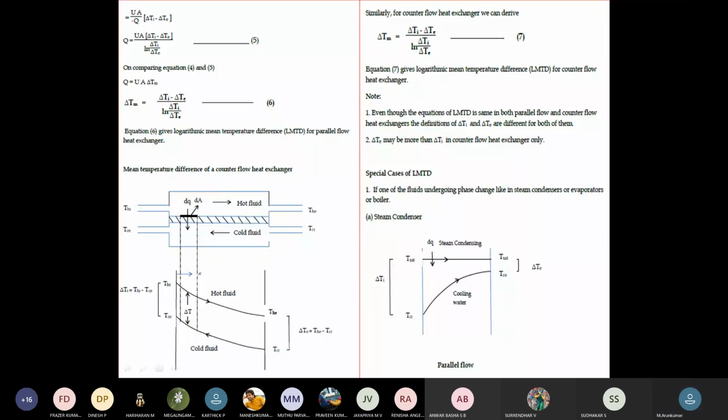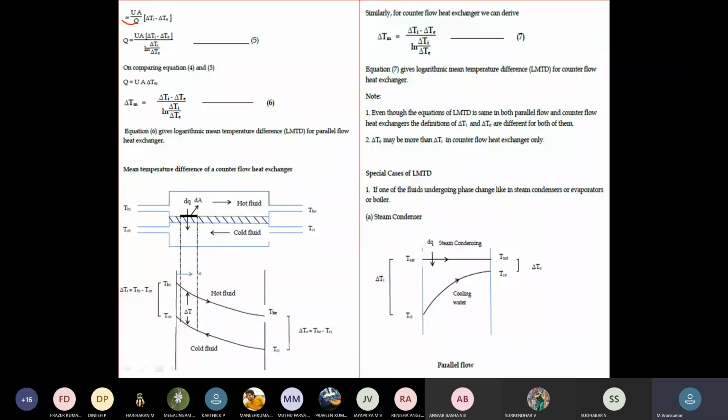We can take this Q from the LHS and bring it down to the RHS. Finally we have the equation Q equal to UA times (delta Ti minus delta Te) divided by ln(delta Ti / delta Te).